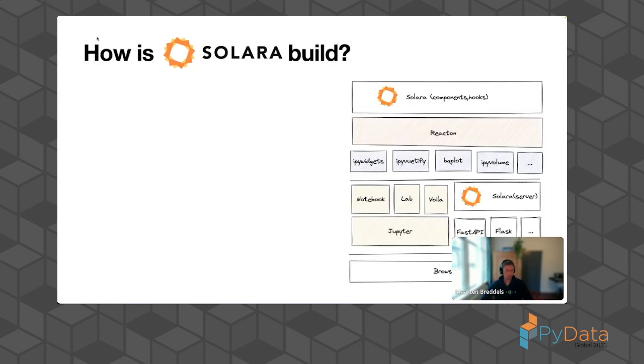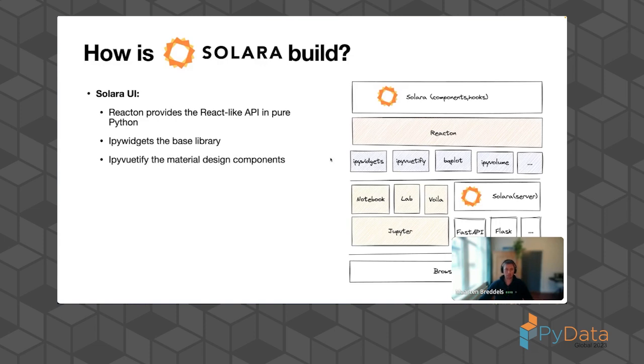Let's describe a little bit how Solara is built. So the UI part that you see here on top is built on top of a React-like API called Reacton, which sits on top of IPyWidget. So Solara is using Reacton and IPyWidget. And the nice components that you saw are coming from this third-party library IPyVuetify, which is the material design. But you can also use these other IPyWidget libraries.